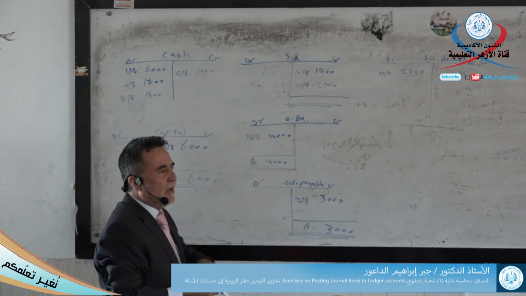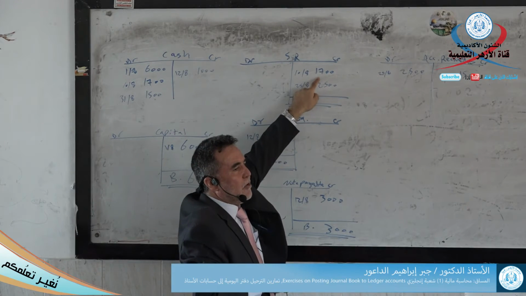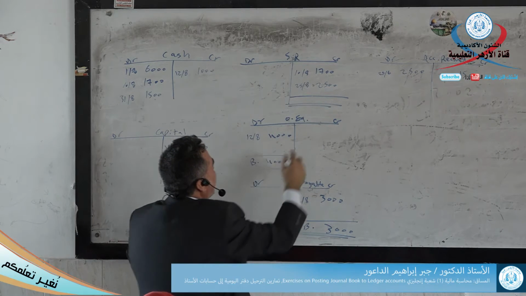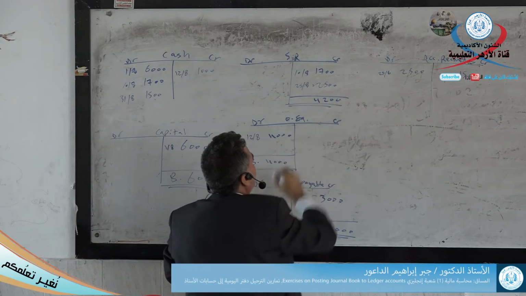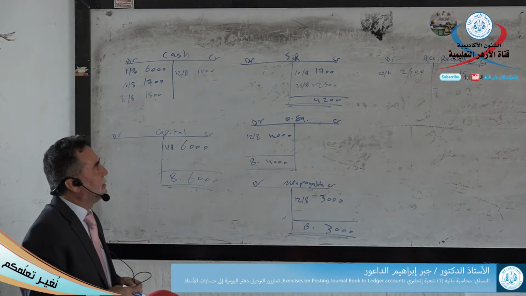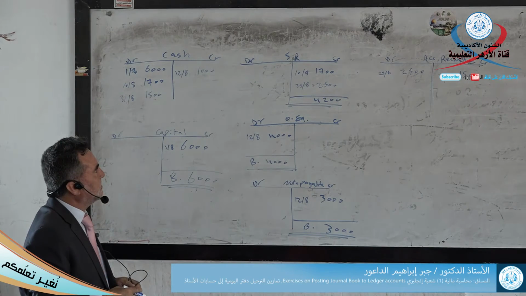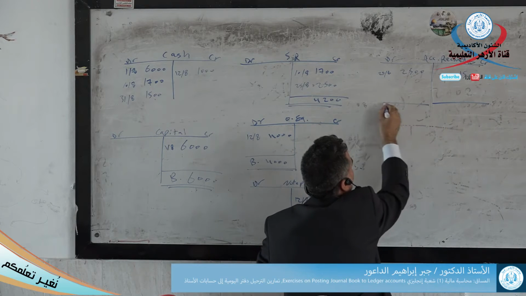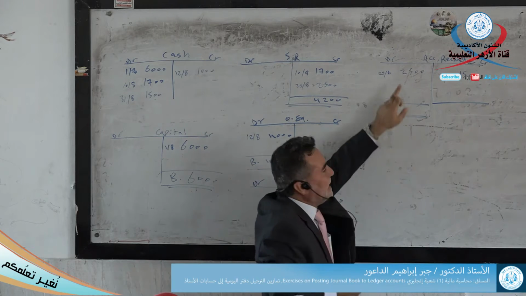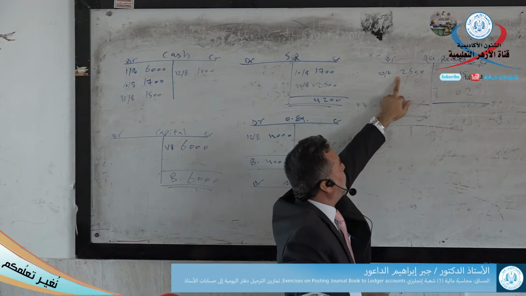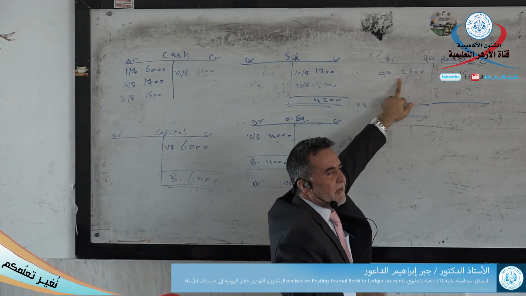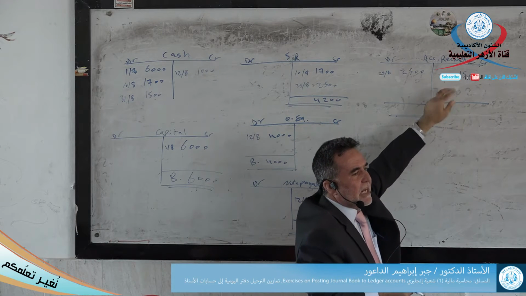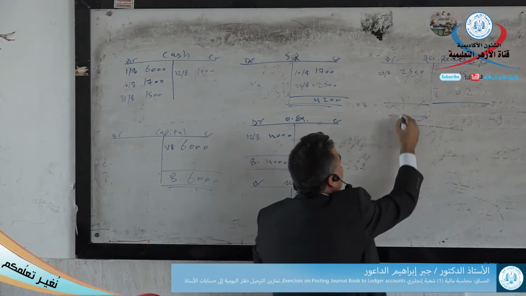And 1,700 plus 2,500, it will be 4,200. Debit side, account receivable 2,500. Credit side 1,500. So the result will be 1,000 balance.